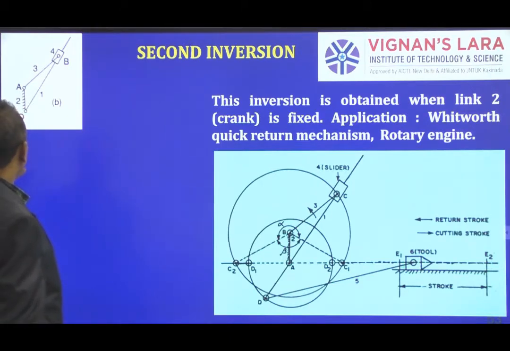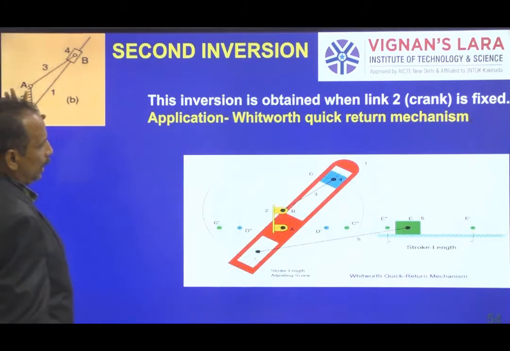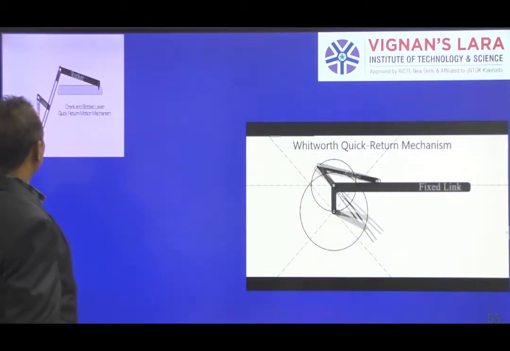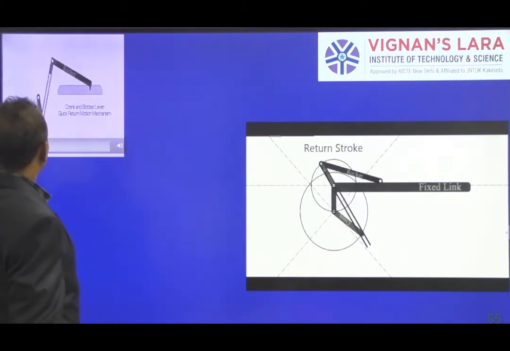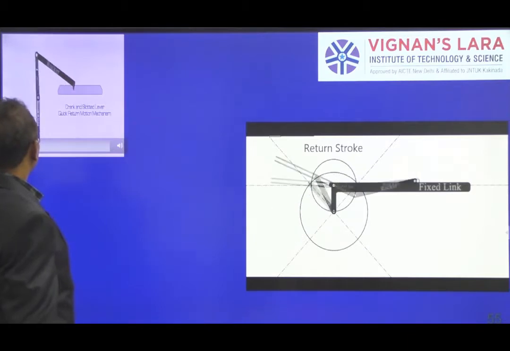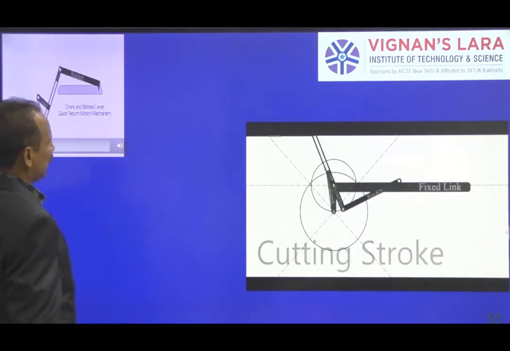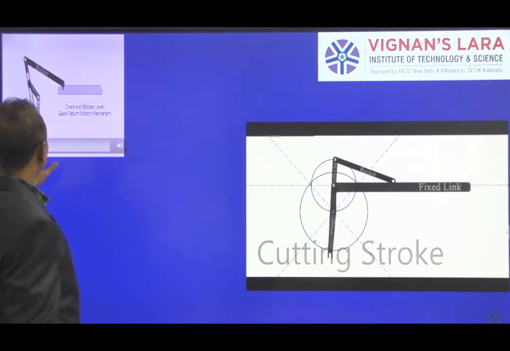Then we have also seen another application, a rotary engine, where your entire mechanism is going to be revolved. So that is another case which we have seen.